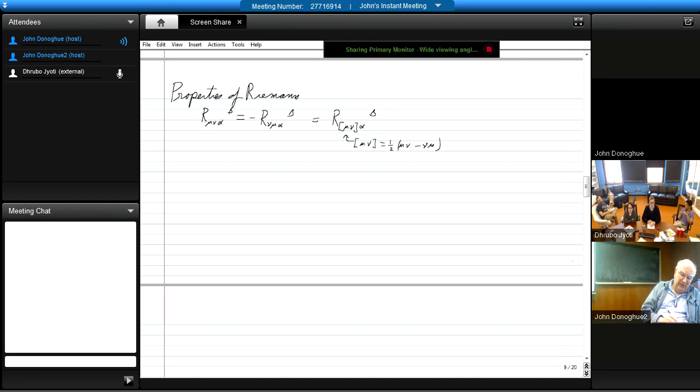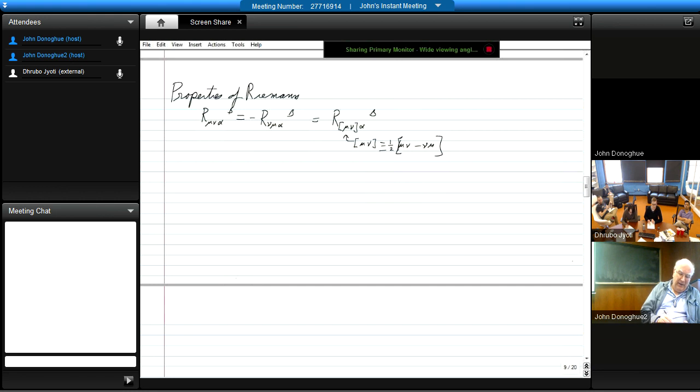So the antisymmetric combination with a half in there. So it means you take the antisymmetric combination of the indices.